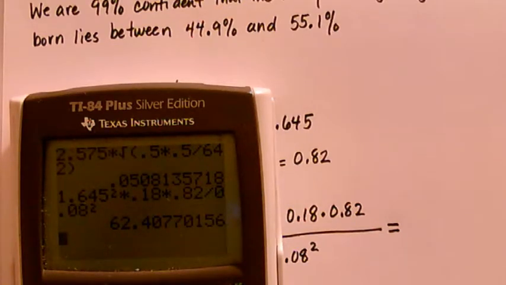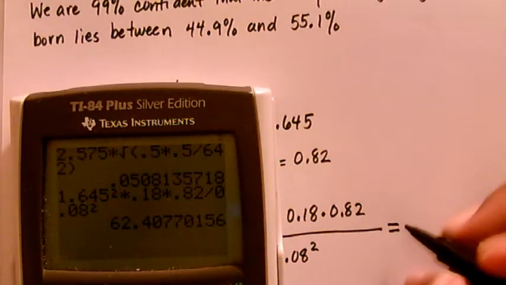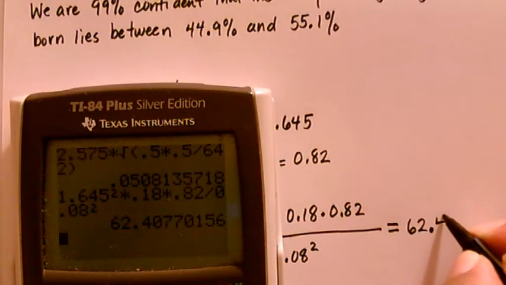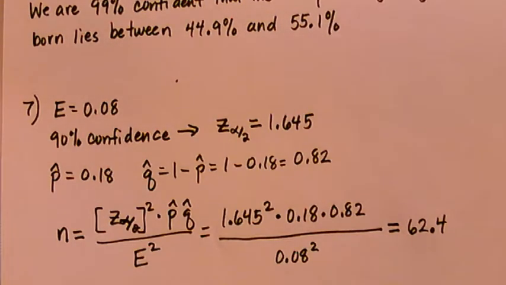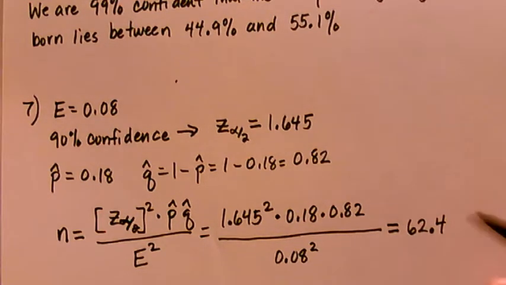Okay. Now in this case, this is 62.4. Now, when we're finding the required sample size, the round-off rule is this. We always round up to the next larger whole number. If your value of n is not a whole number, we round up to the next larger whole number. So we're going to round 62.4 up to the next larger whole number. That will be 63.